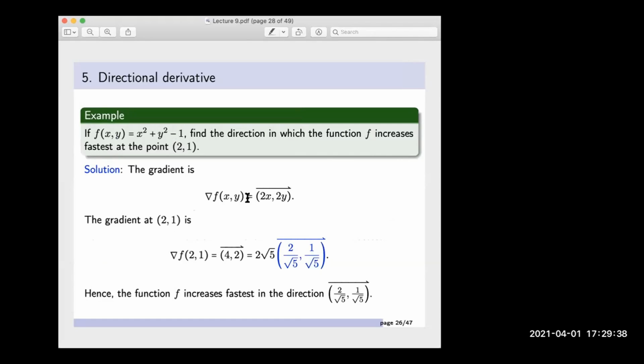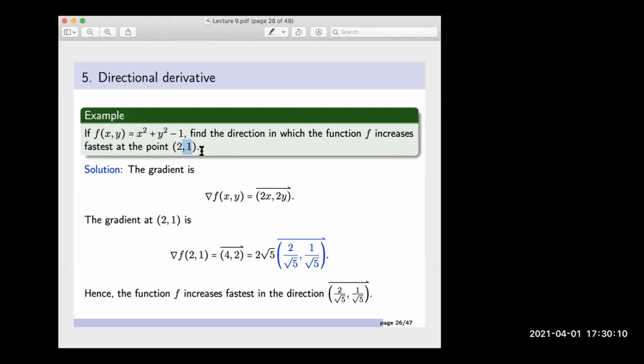Let's look at this example. This is a function of two variables. Let's find the direction in which the function increases fastest at a given point, which means that if x, y change from this point in some direction, then the function should change fastest.